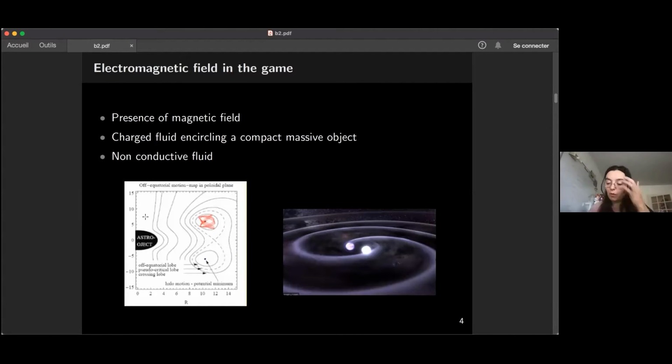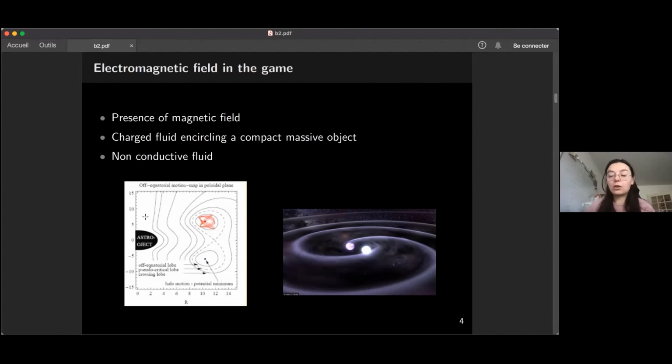It could be a uniform one described by the Wald solution, a dipole, or a parabolic split monopole. So directly, it was clear that it was interesting to study the case where we have a lot of charged particles, and to search if we can have some toroidal structure in that specific case of external magnetic field.